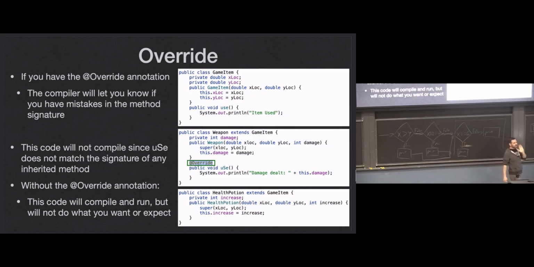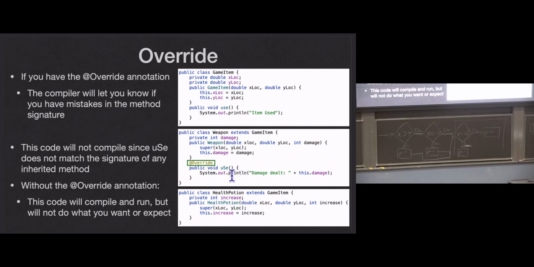But you're giving the compiler a heads up, and then you have this typo. You have this capital S. Instead of creating a new method with a capital S, so having use with a lowercase s and use with a capital S, and having two separate use methods, with the override annotation, the compiler is going to say, yo, you told me you were overriding a method, but this doesn't match any signatures of any methods that you've inherited, so maybe fix your code, because your code's definitely broken and it's not going to do what you intend.